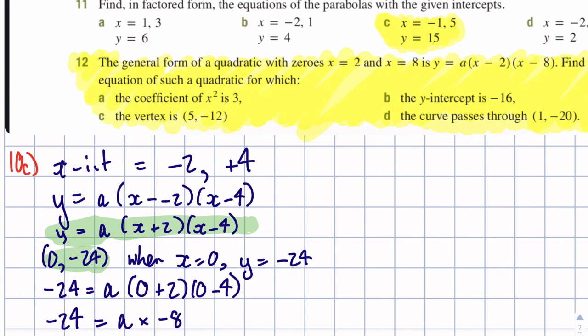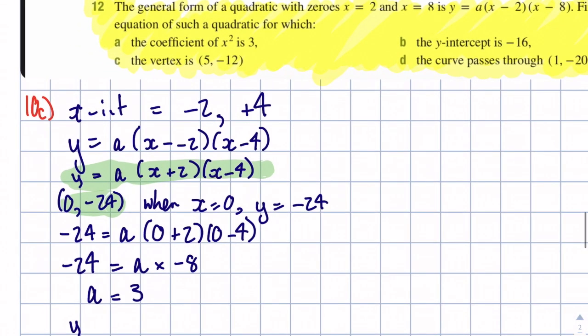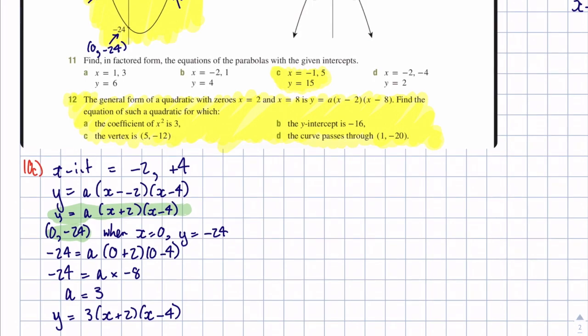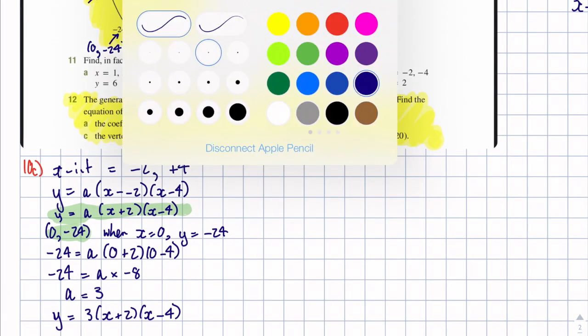Divide both sides by -8, and I get a equals +3, which means I now know the formula: y equals 3 outside of (x plus 2)(x take 4). And that's it done.